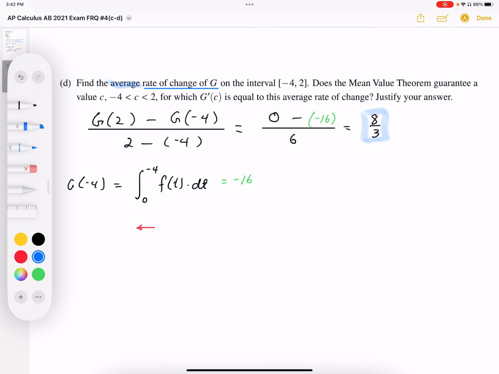The second part of this question says, does the mean value theorem guarantee a value c between negative 4 and 2, for which g prime of c is equal to the average rate of change?